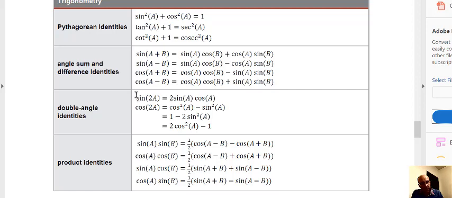We have the double angle identities that we've just looked at there. So far, recently we've covered those first three. The product identities come later on in the course. So it's about knowing when to use them, but if you had to do a proof, you do need to know your skills. So those are given as formulas, however, it doesn't diminish the importance of underlying skills.